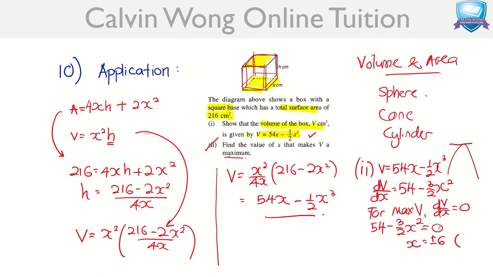In this case, x cannot be negative 6, so you write x equals positive 6. This question asks for the value of x, but sometimes the question also asks you to find the maximum volume. Then you need to substitute the x into the volume, which is this one. This is the application type 10.